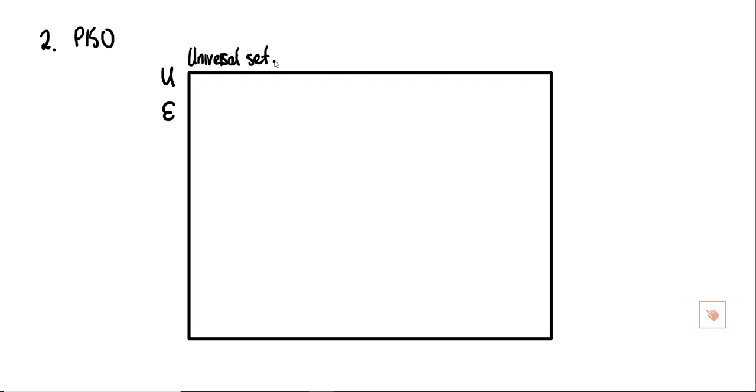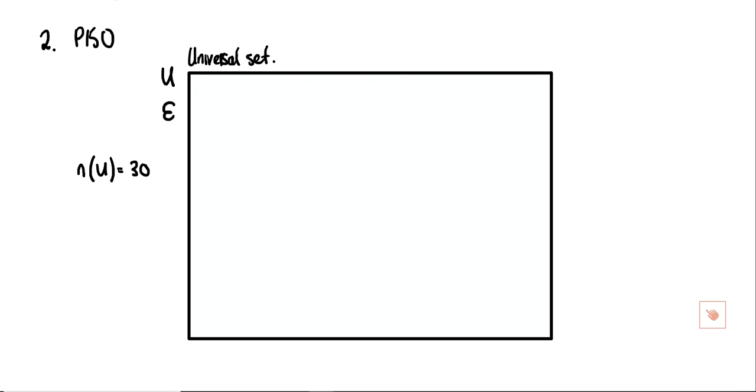In this first problem, how many elements must be in the universal set? 30. So I can write n(U) is 30. The number in the universal set is 30. That means I must have 30 things in that rectangle.